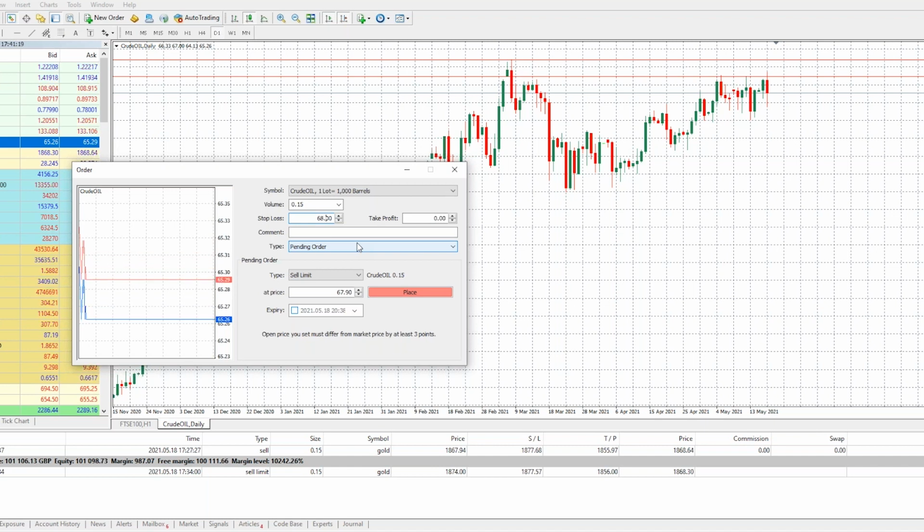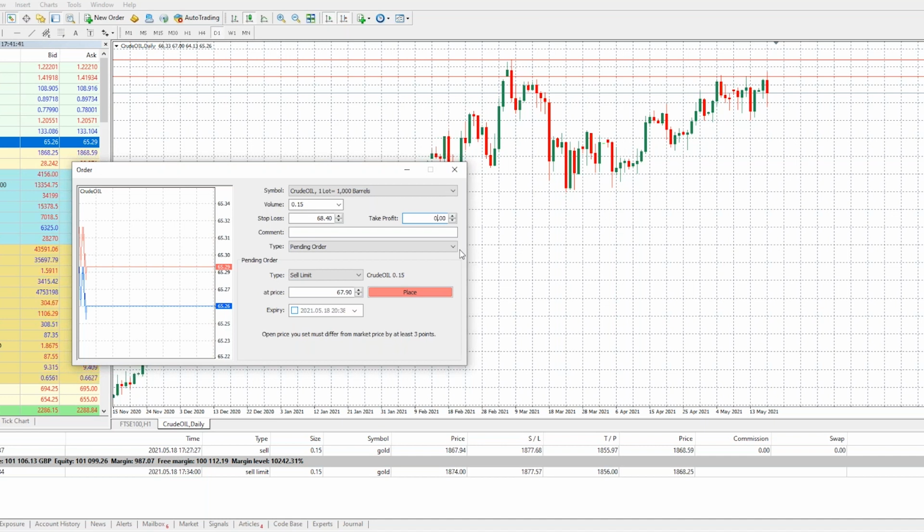You could say I'm only going to risk 50 cents per barrel because you're getting in at such a nice price point in terms of the resistance level. You don't have to risk as much to get your stop loss to the other side of the resistance. And your take profit could be just a set number, $1 or something down, if you think it could just be a temporary pullback.